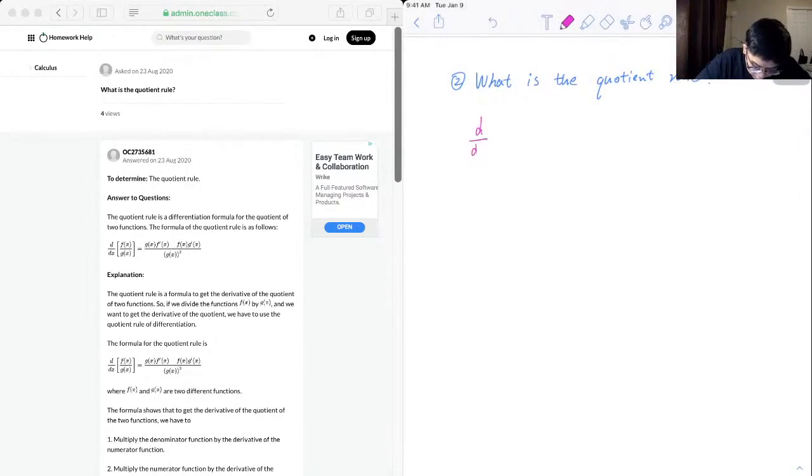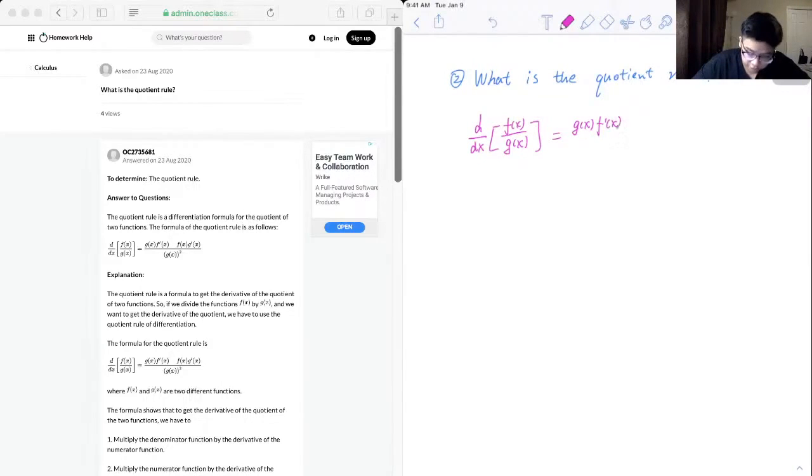Whenever we need to take the derivative of a function over a function, it's going to be equal to g(x) times the derivative of f(x) minus f(x) times the derivative of g(x), over g(x) to the exponent of 2.